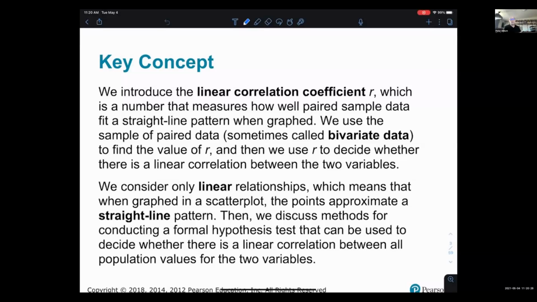We consider only linear relationships, which means that when graphed in a scatter plot, the points approximate a straight line pattern. Then we discuss methods for conducting a formal hypothesis test. That's a much newer concept. We didn't have that when we talked about linear correlation before. It can be used to decide whether there is a linear correlation between all population values for the two variables.